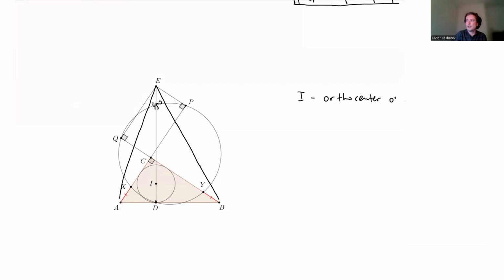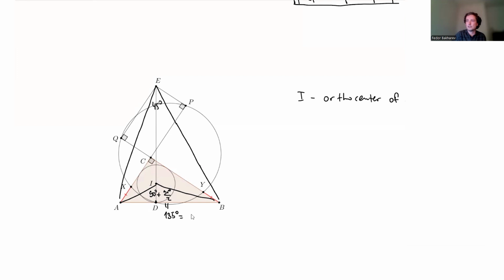of AEB. So this angle AIB is 90 plus 90 over 2. So it's the angle between bisectors of angles A and B, and this could be calculated by this formula, it is 135 degrees.